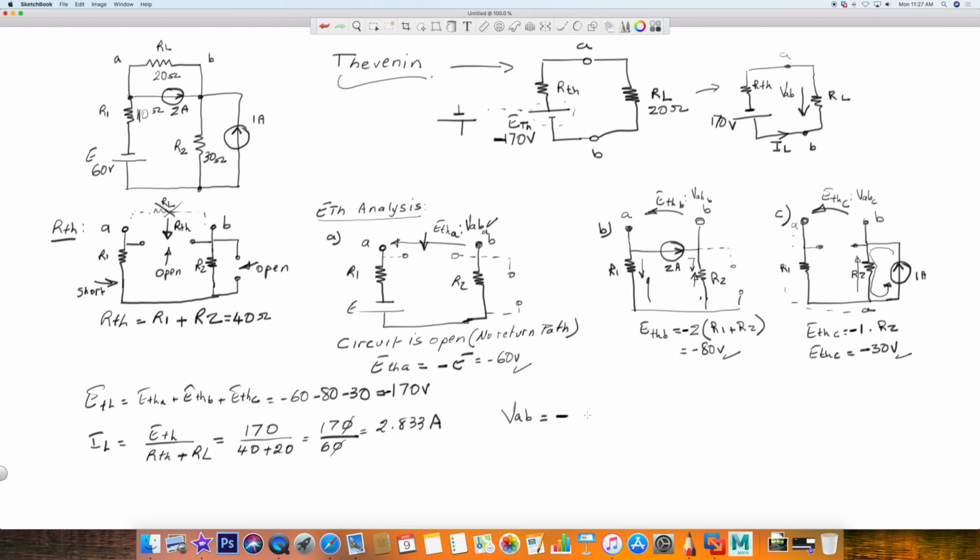Otherwise, if you did VBA, then you can leave it as a positive value. And once this is calculated, it will be approximately minus 56.6 volts. Don't forget the minus sign.